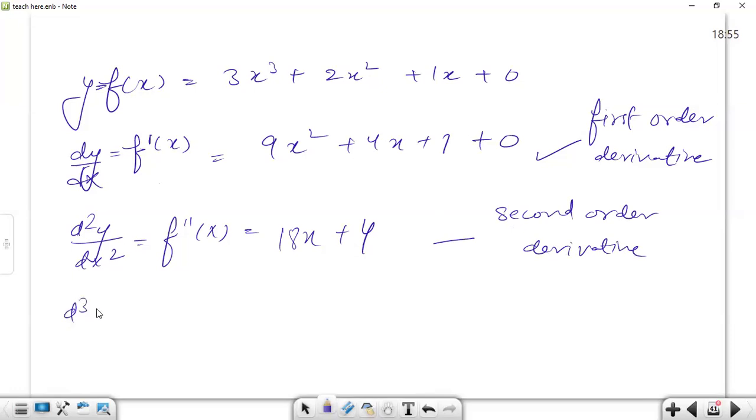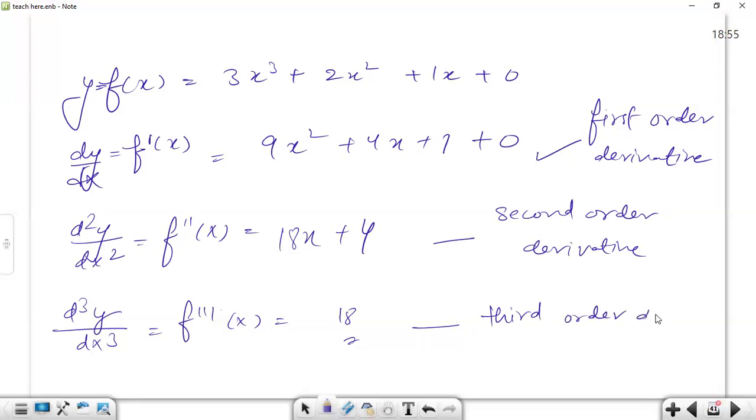Now, if we differentiate it further with respect to x, it will become the third order derivative. It will come out as just 18. This is the third order derivative.